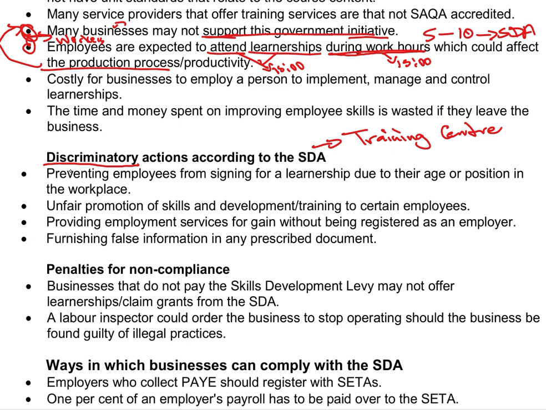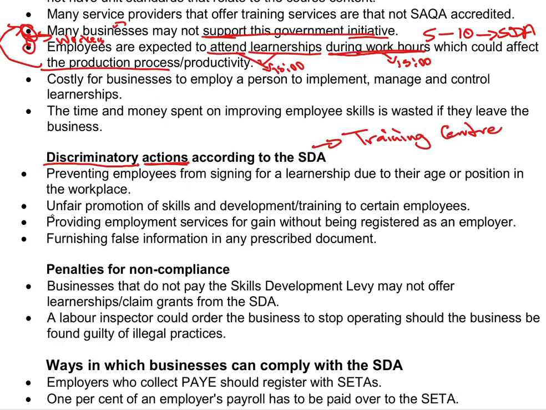So now they are saying discriminatory action. What is the action that must be taken there? According to the SDA, let's take two: preventing employees from signing for the learnership due to their age or position in the workplace.